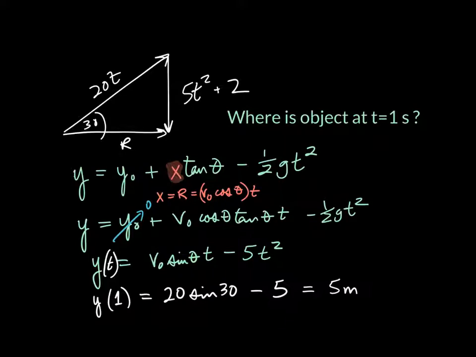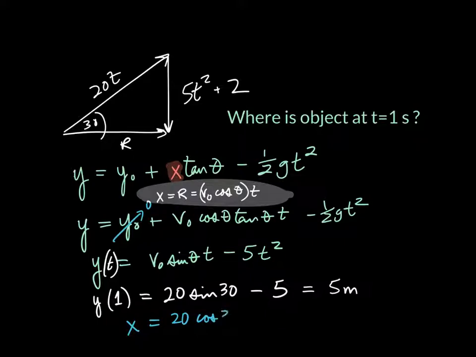And so now that I know its y position, I should probably try to get its x position, all right? And that comes straight from the part that we substitute out, this right here. We have our equation for the x position. So x will be 20 cosine 30 times 1.